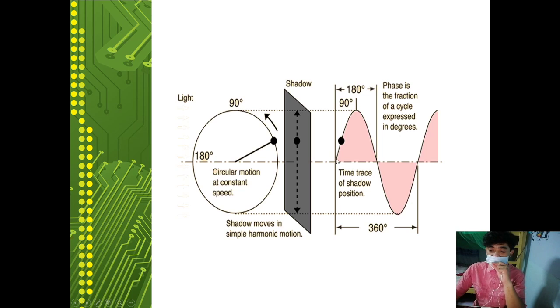I would say this is 0, and from here it would be a full cycle of a sine graph. Phase is a fraction of a cycle expressed in degrees.